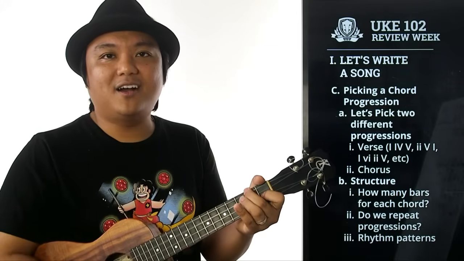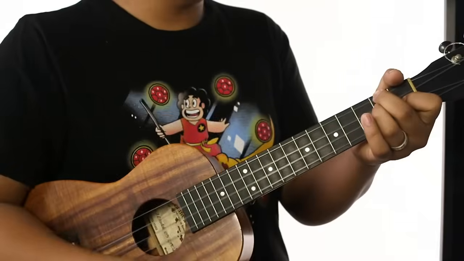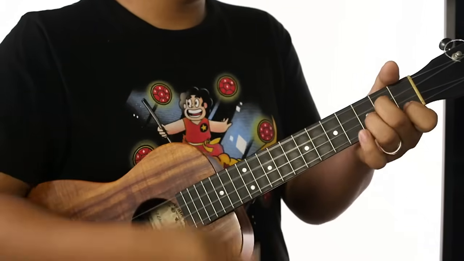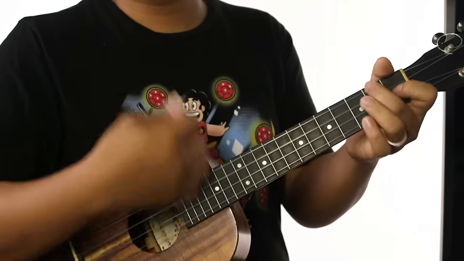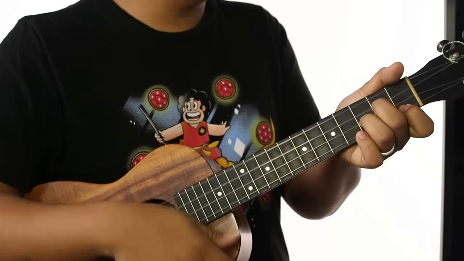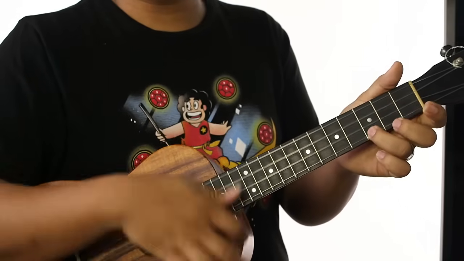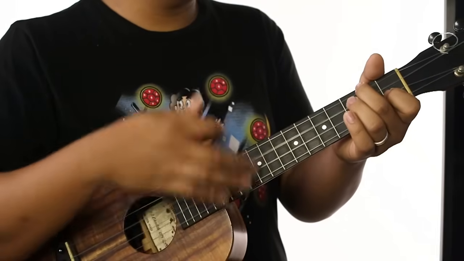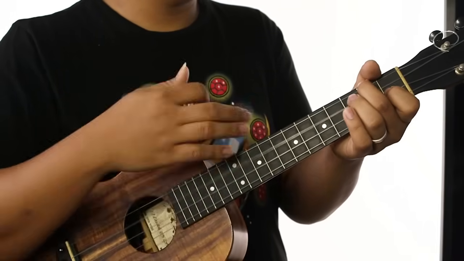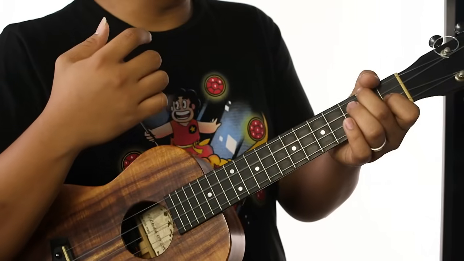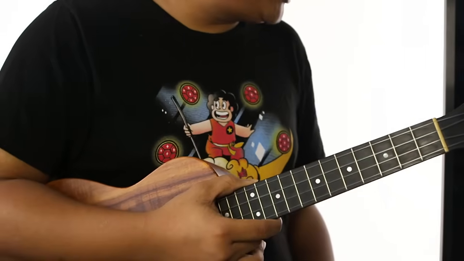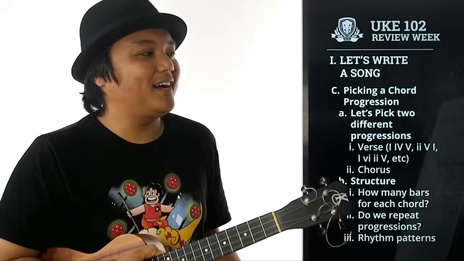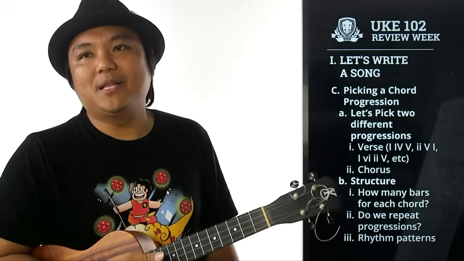So if we do down down up up down, and then G minor for our chorus. So we got a nice little rhythm pattern. We got the progressions, we got the verse down and the chorus down. Now let's create melody lines.